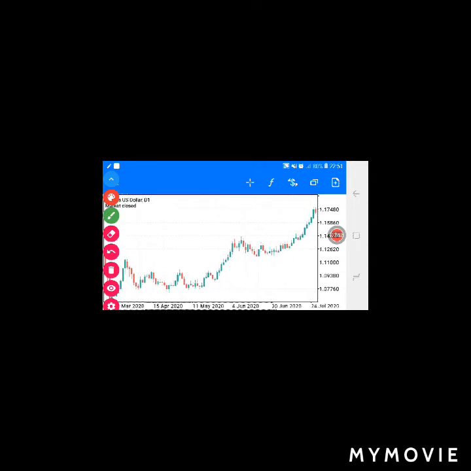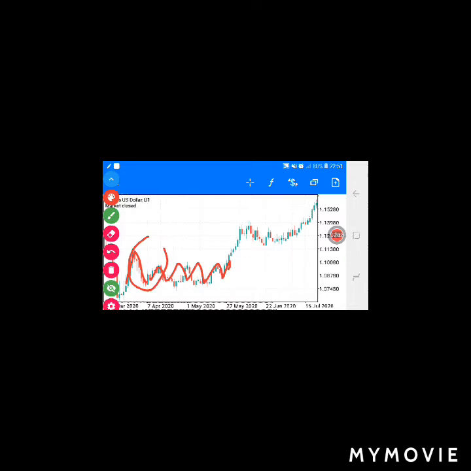As you can see, after this first retracement, the market was not sure what to do because this does not confirm a big move. But once this happens the second time, now we have a big move.